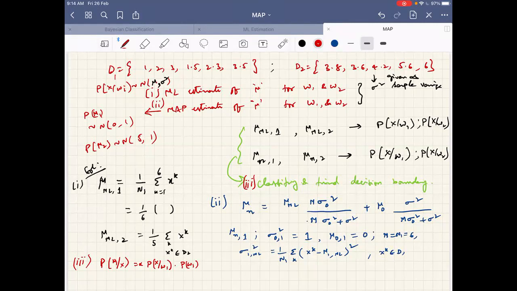If somebody says that the number of samples I have collected is uniform across both classes and I got it like this, then I will be able to say that P of omega 1 is some 6 by 11 and P of omega 2 is 5 by 11. If I sample uniformly from class 1 and class 2, and if I get more samples of class 1, it means more frequency of occurrence of class 1 samples.